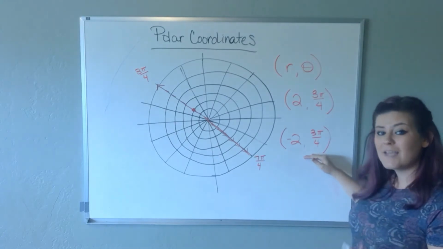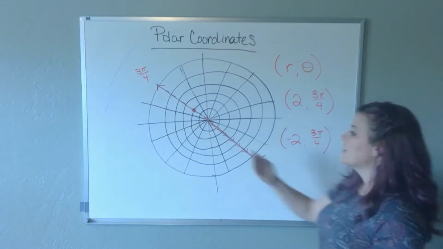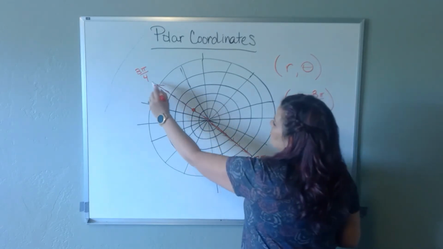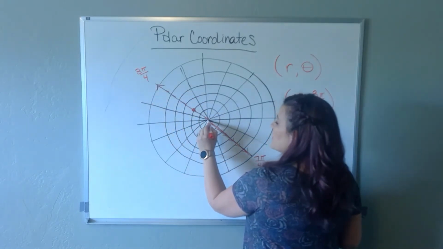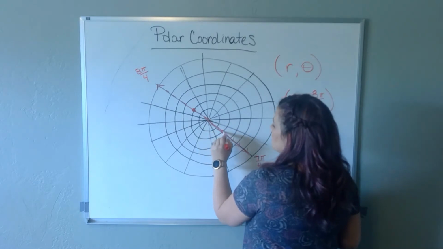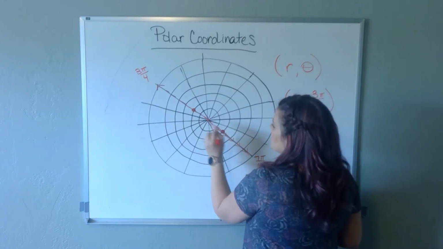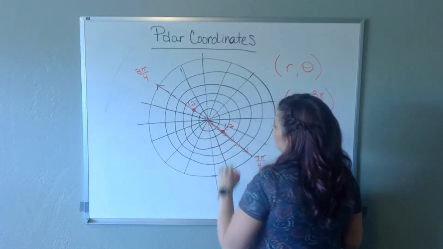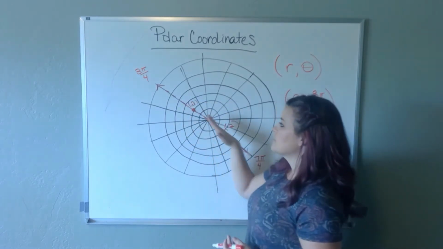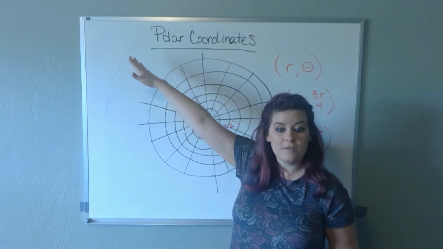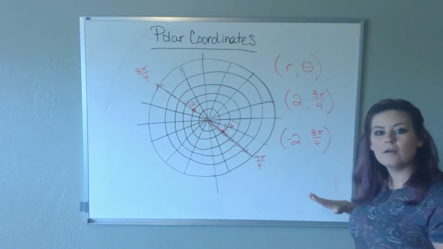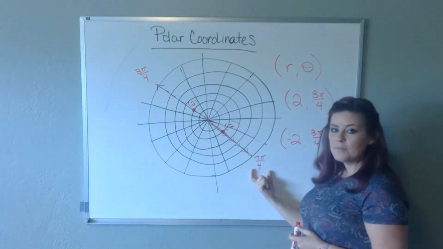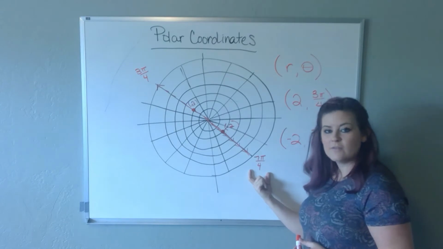Your coordinate doesn't say 7 pi over 4, but I know I'm going to be down here because r is negative 2. So I'm on this 3 pi over 4 line, but r being negative 2 means I have to go this direction. So here's r being positive 2, here's r being negative 2. So all the negative does is positive goes towards the theta in your coordinate, negative goes the opposite direction. So we actually ended up with a value at 7 pi over 4.